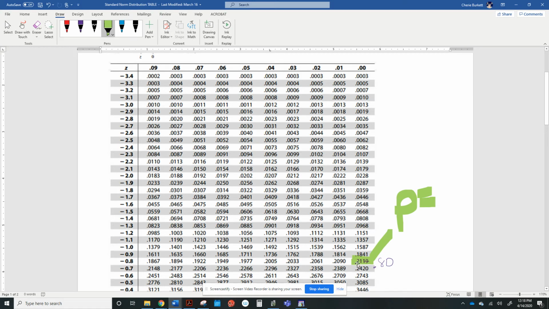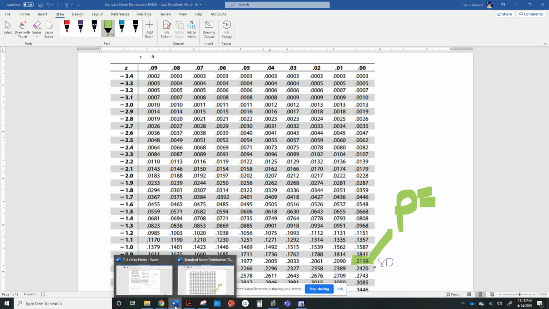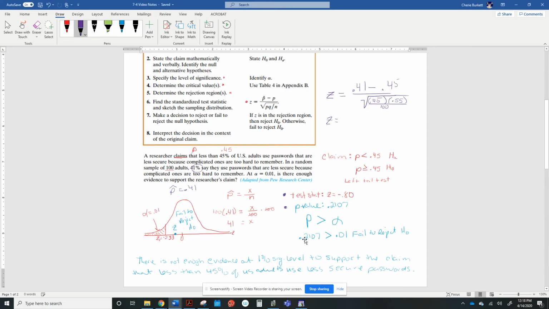Remember, we rounded off, and so the fact that we're looking up a rounded off number means that we're not getting the exact value, but that's okay, because when we come over here and we compare 0.2119, if we change this to 0.2119, it's still going to be bigger than the alpha. So it would not change the interpretation of the outcome.